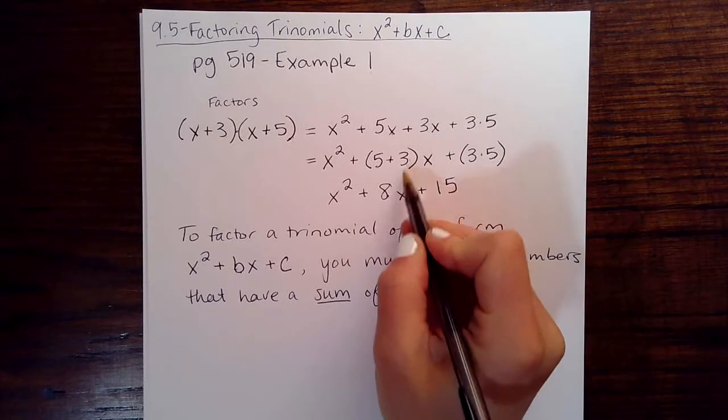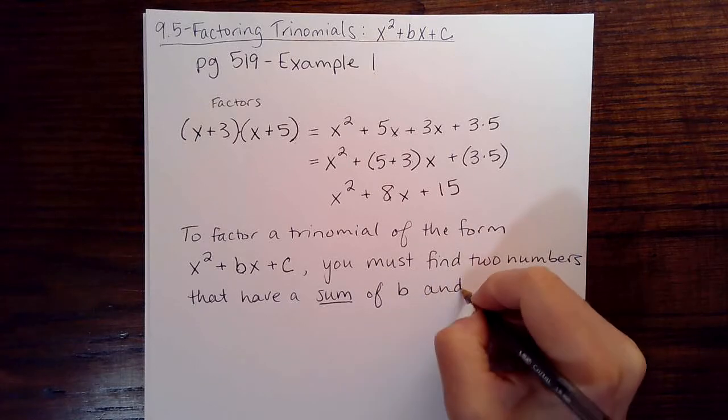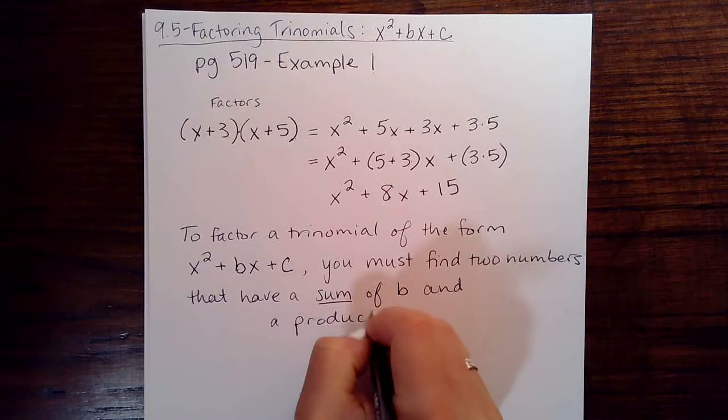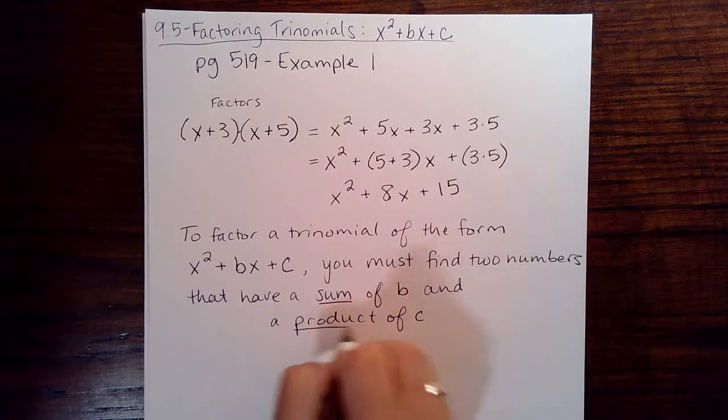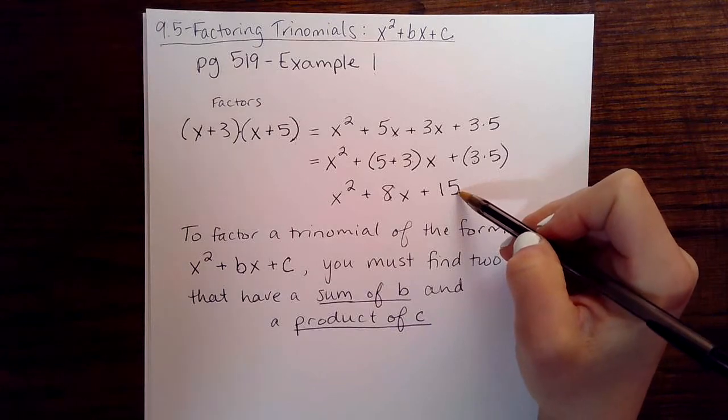Notice that's the 5 plus 3 gives us 8, a sum of b and a product of c. That's 3 times 5, which is 15.